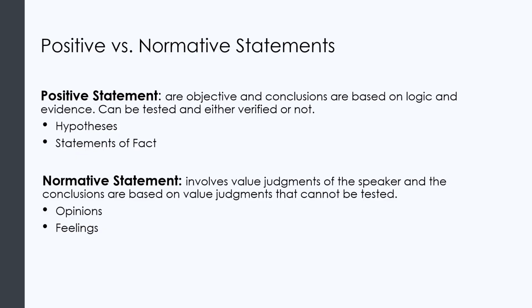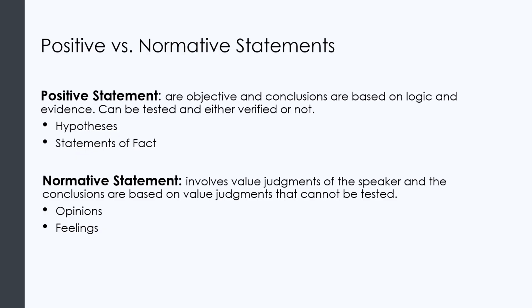When you make those choices, when you're weighing your information, you can also talk about weighing the value of positive statements versus normative statements. A positive statement is something that is objectively testable.